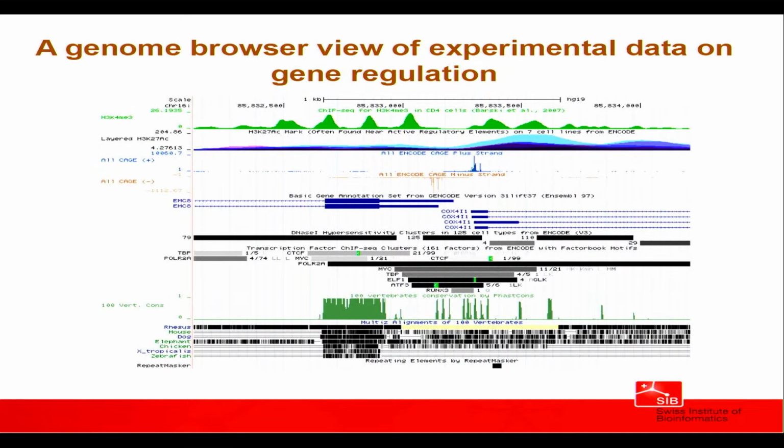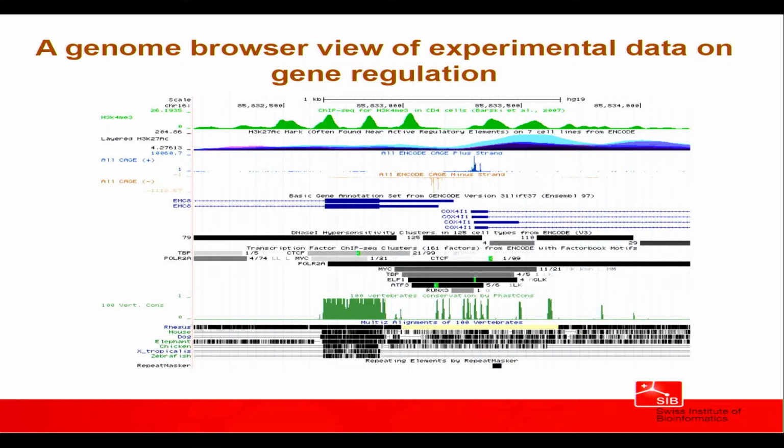So this is a genome browser view of a genome region. This is just to illustrate the data. We see here in the middle two genes, and the expression of these genes is driven by divergent promoters.